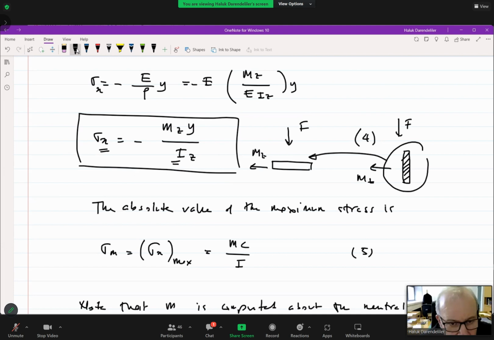Same moment, same material, same cross section, same cost. But if you use this configuration with this loading, you will carry a very low force compared with what you can carry with this. So therefore, in the design of beams, we try to keep Iz as great as possible for the same material.